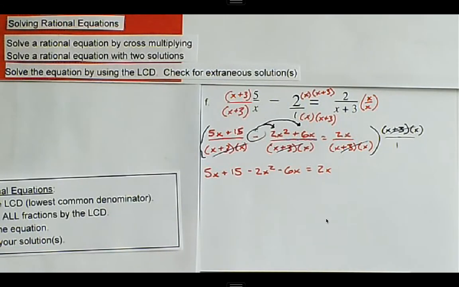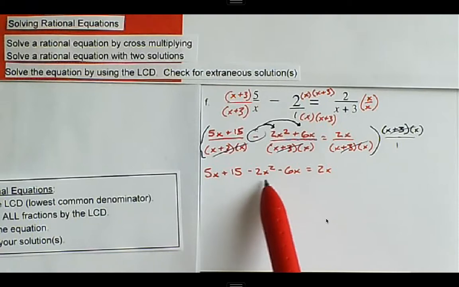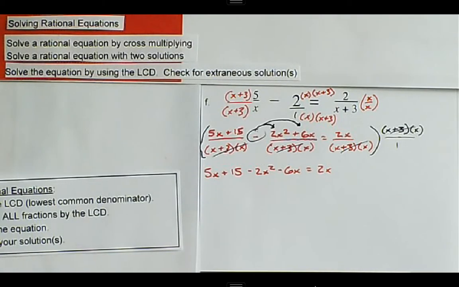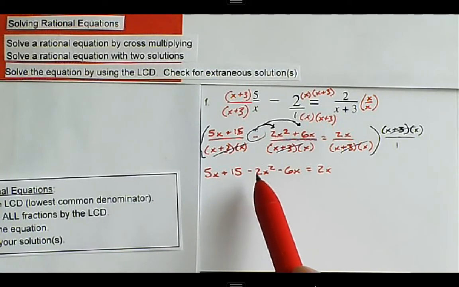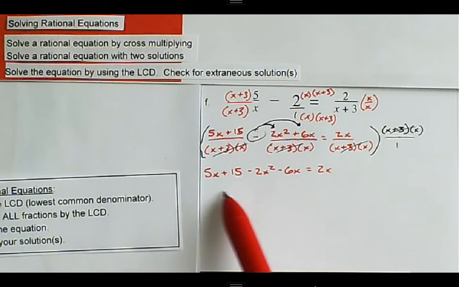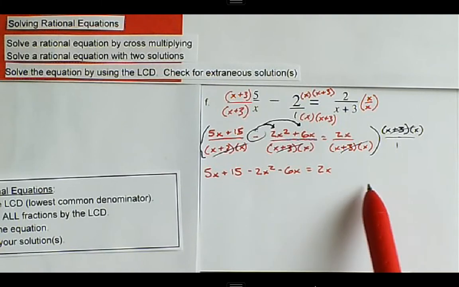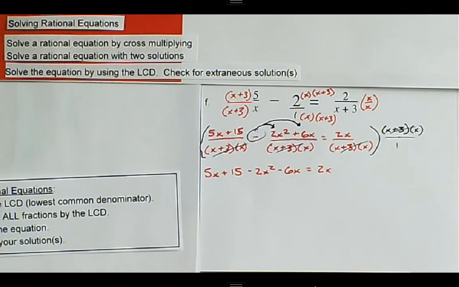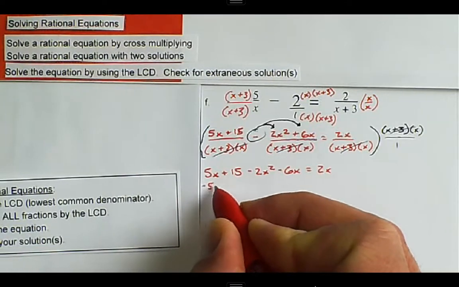Now, we see that we have a quadratic because we have the negative 2x squared there. And anytime we have a quadratic, we need to have one side equal to 0, and something else that will really help us is if we have a positive lead coefficient. So rather than bring the 2x over here, I'm going to take all of what's over here and move it to the other side to make sure that I have a lead coefficient that's positive. So we're going to subtract 5x.